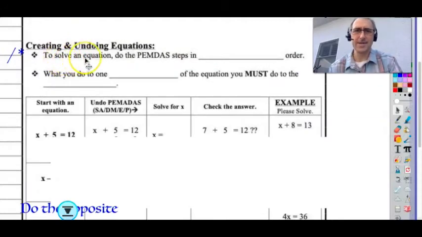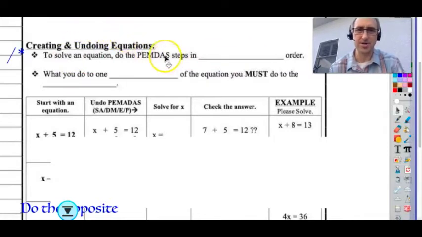So, as I said at the beginning of this video, we are going to use PEMDAS, but we're going to use it in a special way. When we're combining like terms, we use parentheses, exponents, multiplication, division, adding and subtraction in this order from left to right. But when we're solving, we're going to do these steps in reverse order or in the opposite direction.